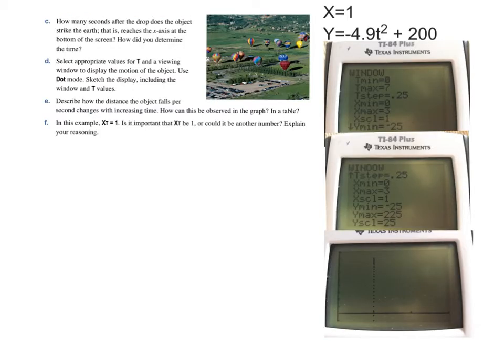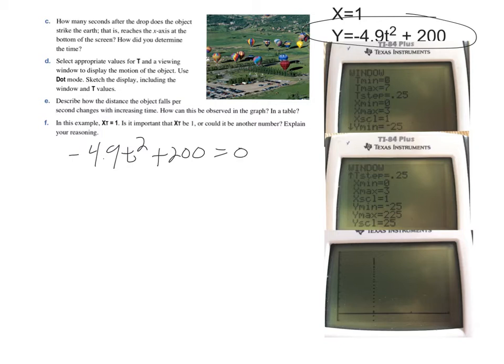Now in part C, it says how many seconds after the drop does the object strike the Earth? Well, using some of the work that you've done in the other classes, you know that when you have an object that is falling to Earth, and this represents the height above the Earth, you can take that equation, set it equal to 0, and solve for t.